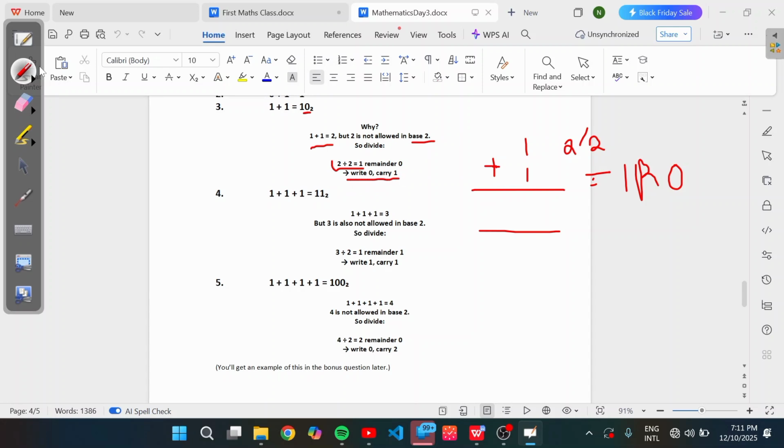Write 0, carry 1. So we write the 0 down, and then we carry the 1 to the other side. So we're just going to put it here. Now, because this 1 is up here and there's nothing below it to add to it, we're just going to bring it down. That's why it now becomes 1 0 base 2.